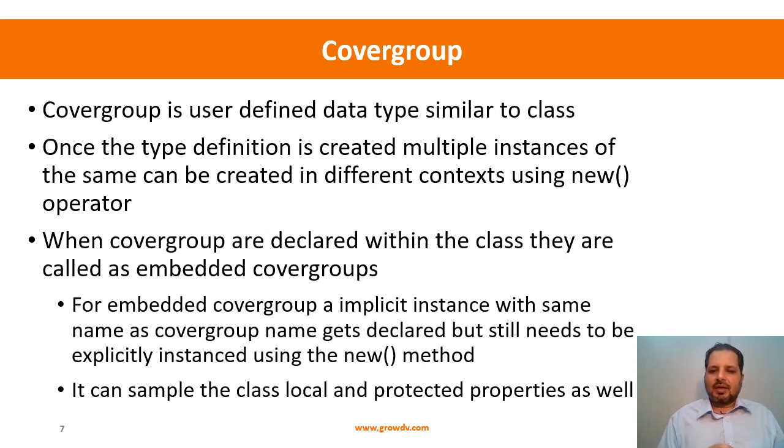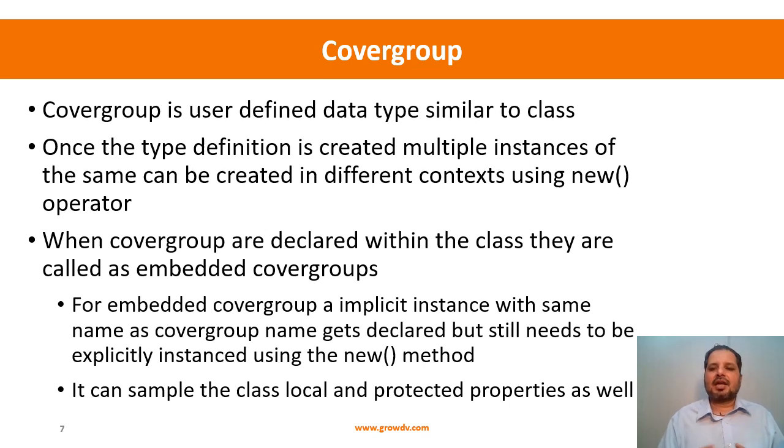Okay, there is one special case: if you declare a cover group within a class. As we have talked, class and cover group have a good integration between them. That's why for anything class based property coverage, cover group is the best candidate, because anyway you cannot put temporal assertions within the class, right? So cover group is always the preferred choice.